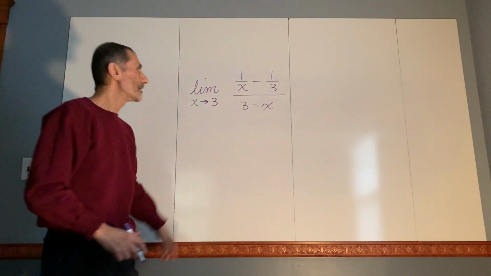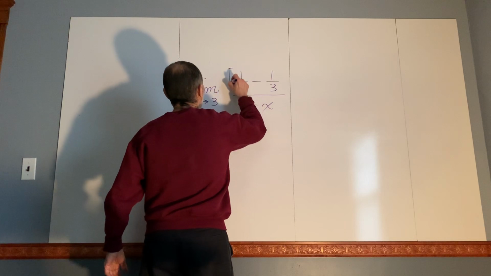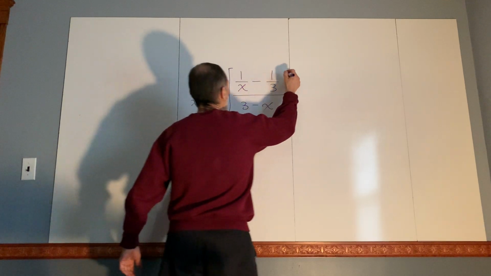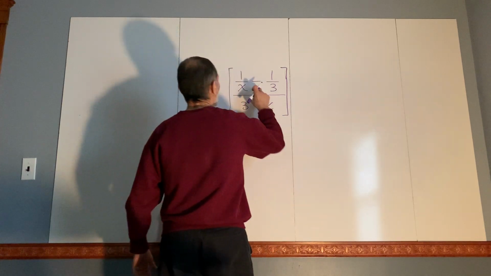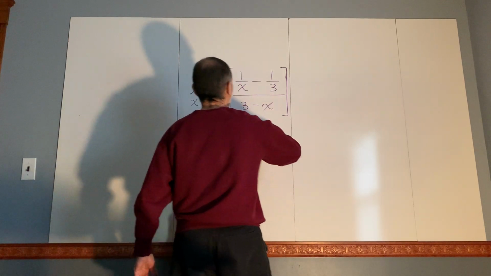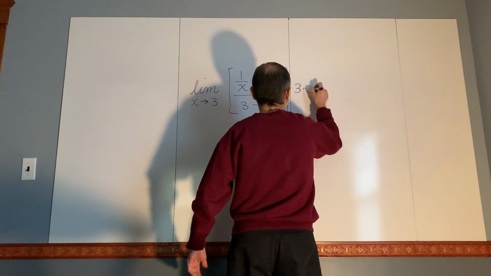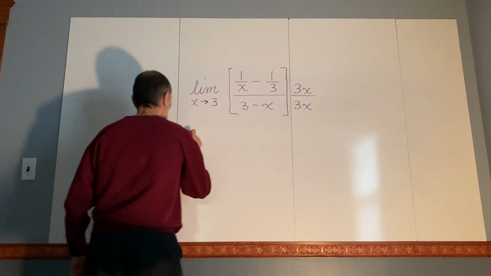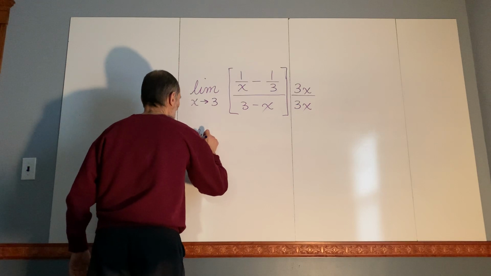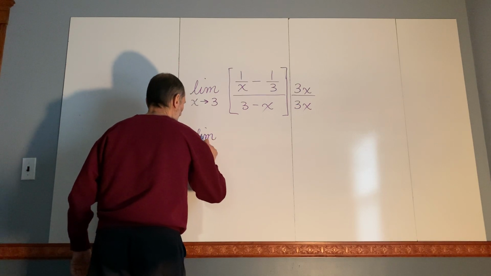No conjugate. But in this case, where we have a complex fraction, let us multiply by the common denominator on those two fractions. Multiply numerator and denominator. That will do a neat thing for us called clearing the fractions.